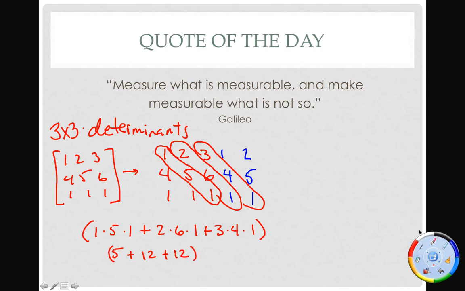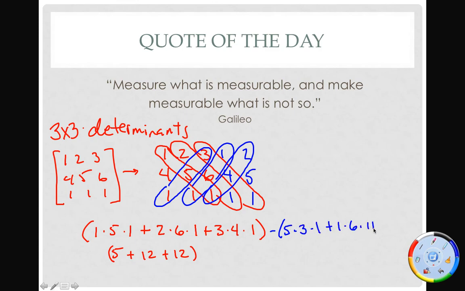And then I'm going to go here, and I'm going to take the other 3 diagonals, just like I did in a 2 by 2, and I'm going to subtract 5 times 3 times 1 plus 1 times 6 times 1, plus 4 times 2 times 1, and I'm going to subtract 15 plus 6 plus 8.